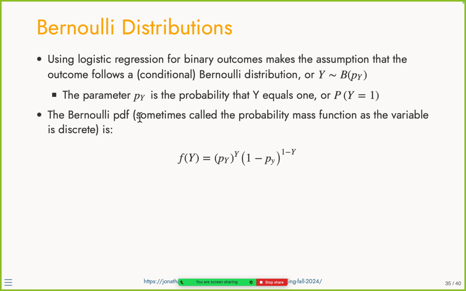Now, because y is a discrete variable, meaning it can either be 0 or 1, categories, sometimes when you have a discrete distribution function, we call that a probability mass function because the result describes the probability of a 1 versus the probability of a 0. So it's a different terminology than the likelihood itself.